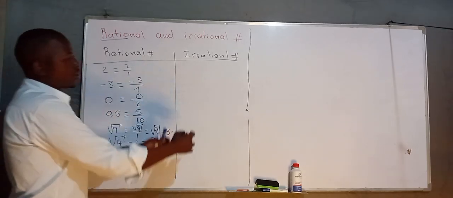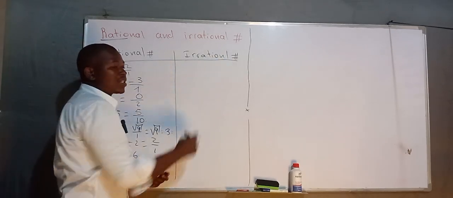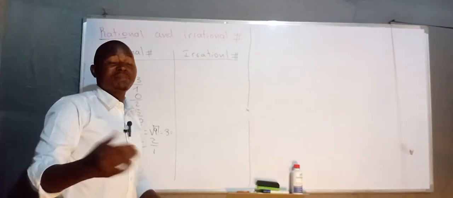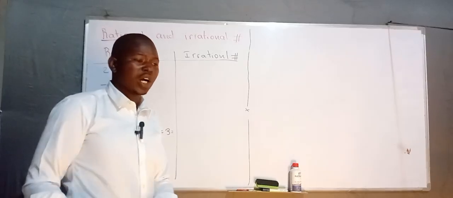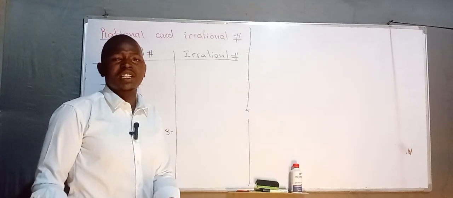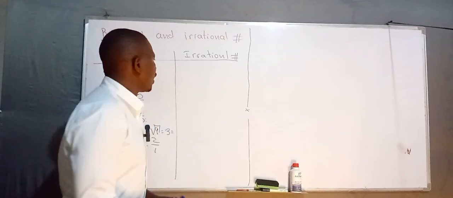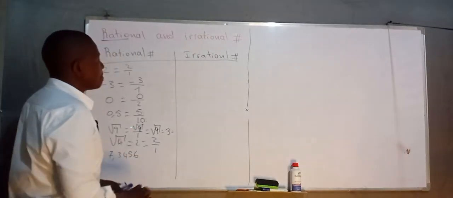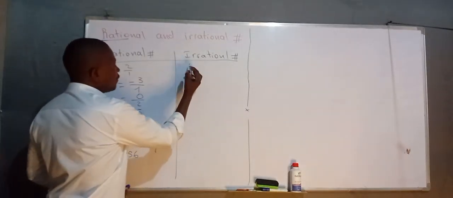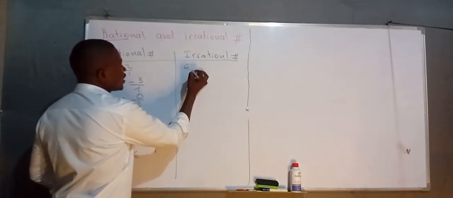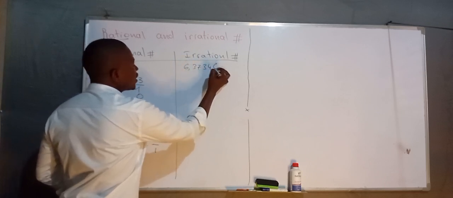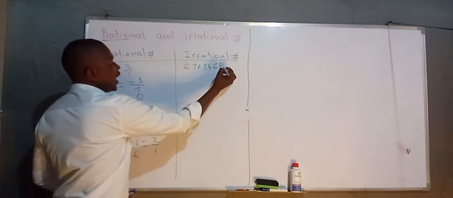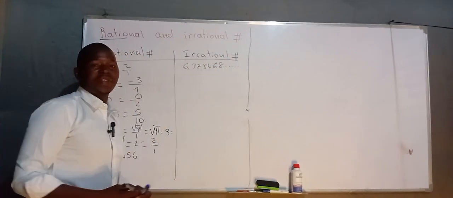Different from that, irrational numbers are numbers that can't be written as fractions. Why? Because if you try to write it as a fraction, you still don't represent it in full. For example, if I say 6.373468 and it still continues that way with no rule.